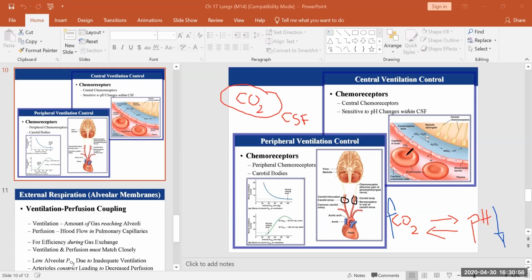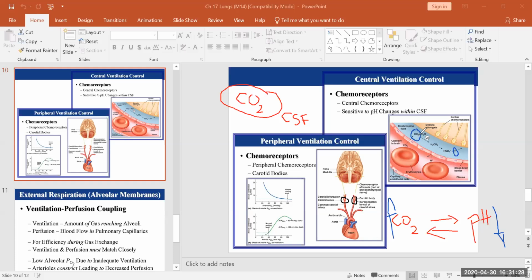And the same thing happens here. CO2 is leaving and it's converted to proton. So as you see, it's very dangerous. If CO2 increases, you have free floating protons increase. You never want that to happen, so that's why it's highly regulated. As soon as CO2 is elevated, it induces oxygen unloading, right?